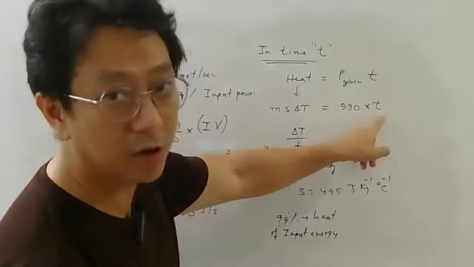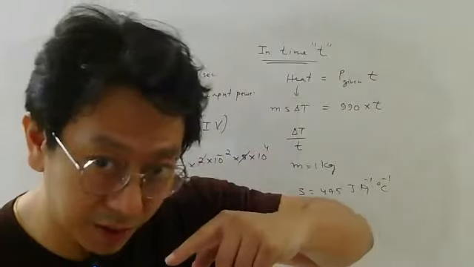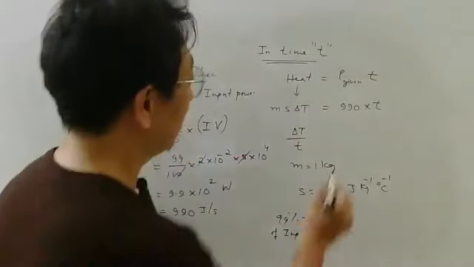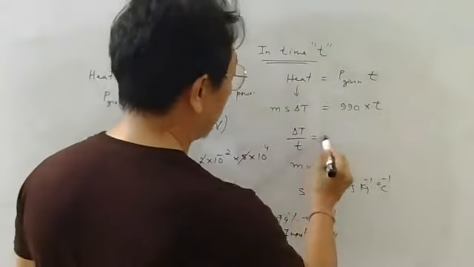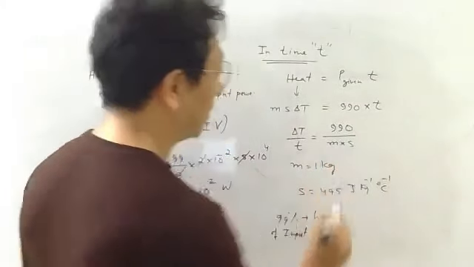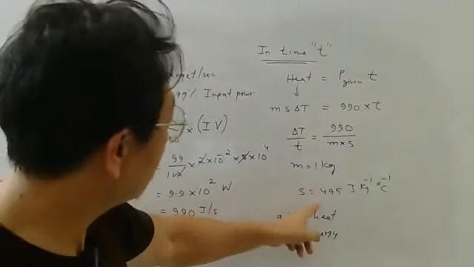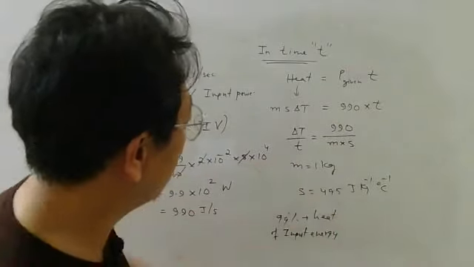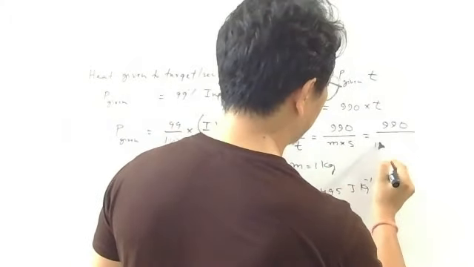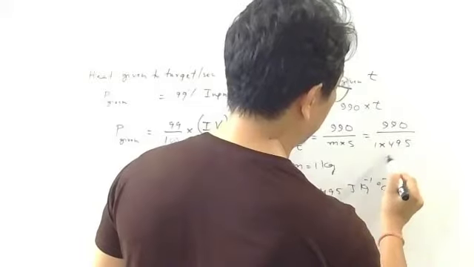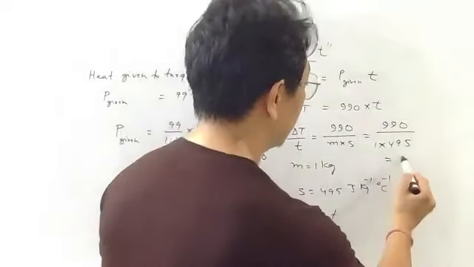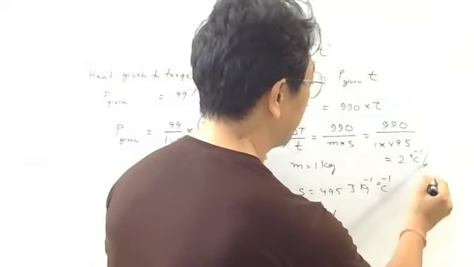That's why this t is not given, because they want change in temperature per second. So you have to assume 1 second. Bring this t this side, you will get 990 divided by m s. I think you can solve, students. Mass is given. 495 and 990 is easy calculation. Let me do it. How much will it come? 2, no? So 2 degrees Celsius per second.